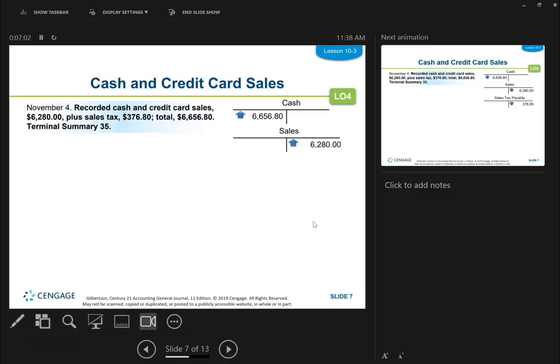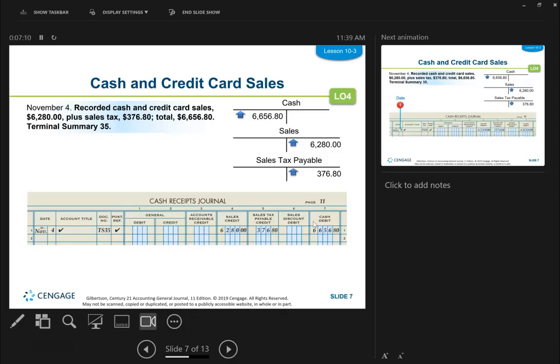So the sales portion of that is the $6,280, and the sales tax is the $376.80. The way I record that in my cash receipts journal: I have a month and date, and a check mark for the account title because there is no specific account this is being linked to. This isn't coming from one of my customers buying something on account or paying their account, so it's just a check mark. The document type is that terminal summary 35, so TS 35.